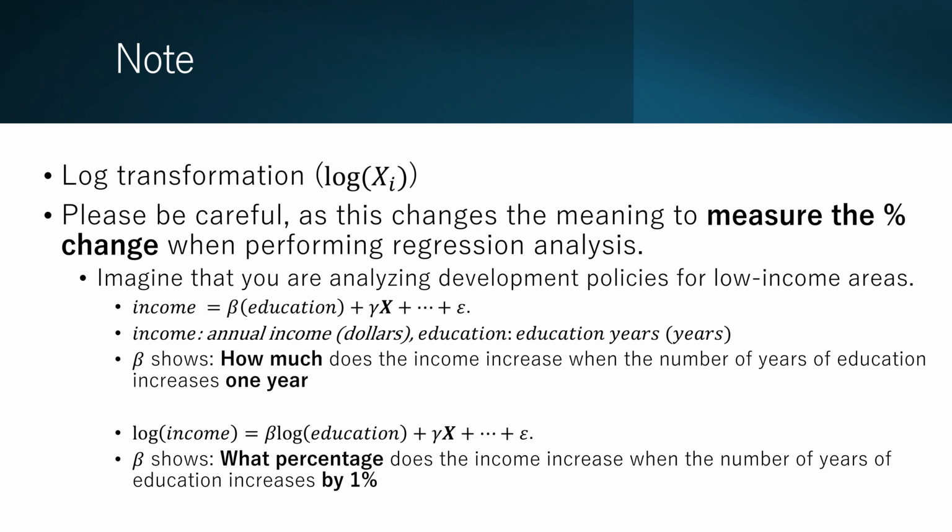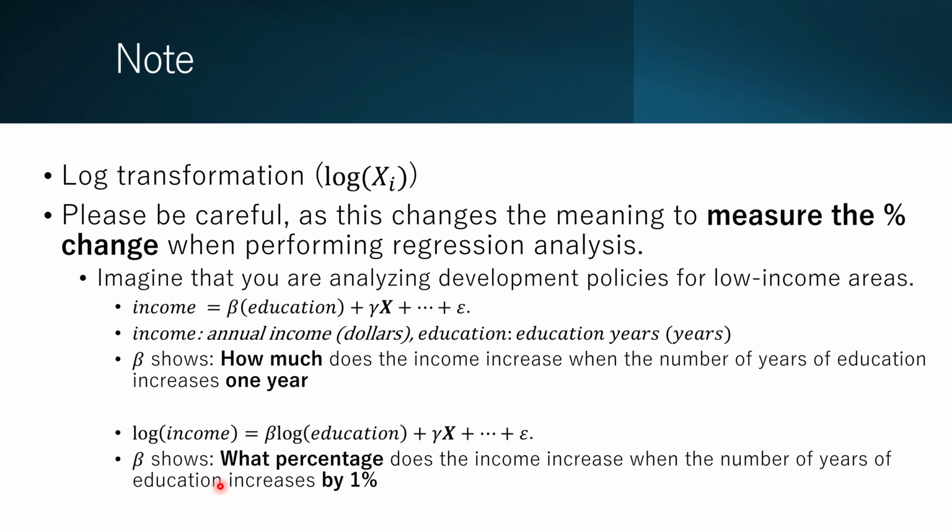Be careful with log transformation in regression. The meaning of the coefficient changes. For example, income equals beta times education plus so on, and you interpret beta as a level change per year of education. But in the case of log income equals beta times log education, you interpret beta as a percentage change, as an elasticity.